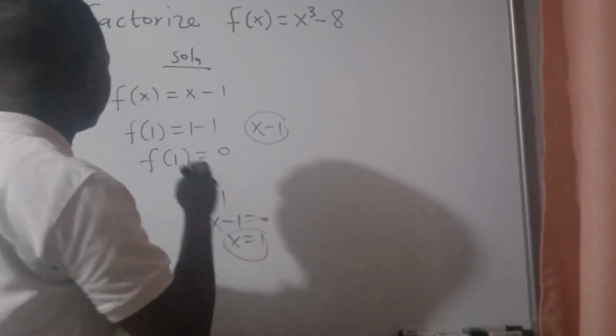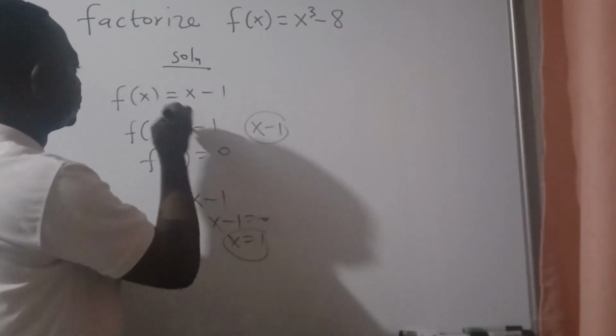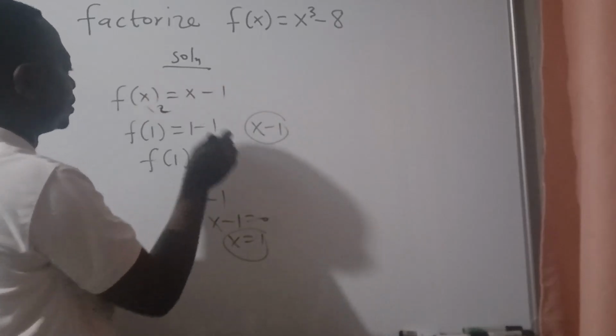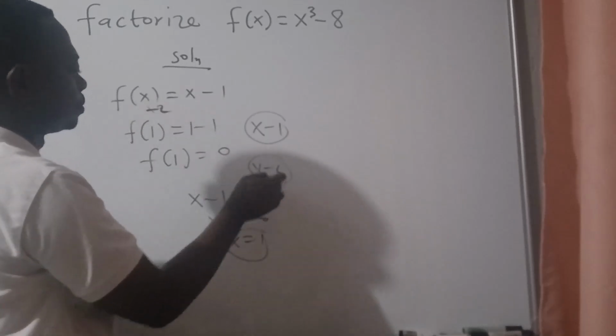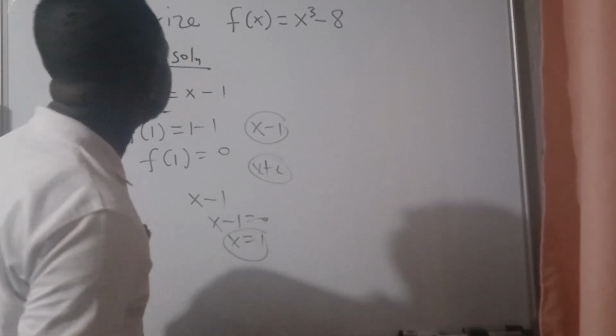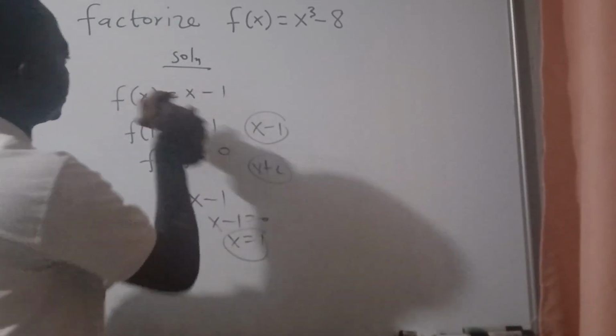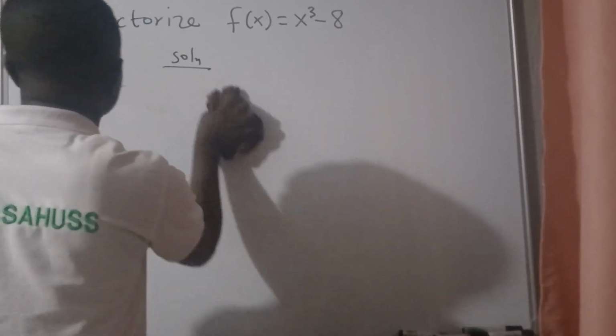If plugging 2 here will make this one go to 0, it means x minus 2 is a factor. If this side is minus 2, x plus 2 will be a factor. That's the idea.